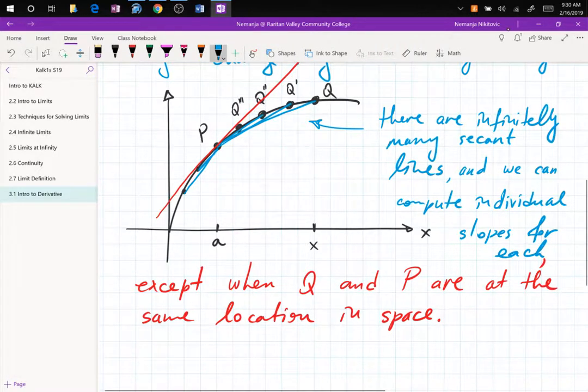Come on, you should be able to do that easily, because infinitely many blue lines are leading to the red line. So what concept works in that way?